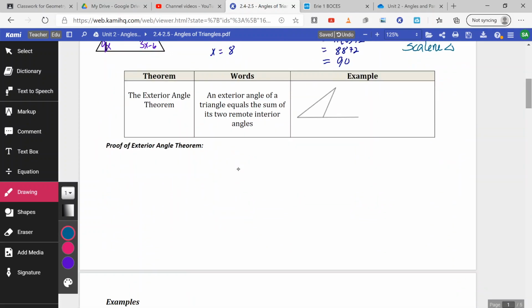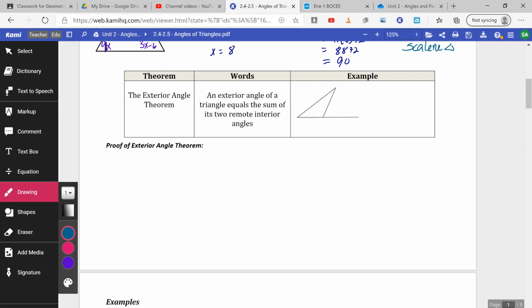Now sometimes what happens is you'll get a triangle with a side extended out a little bit, and what we can use here is known as the exterior angle theorem. What that says is the exterior angle is equal to the sum of its two remote interior angles.